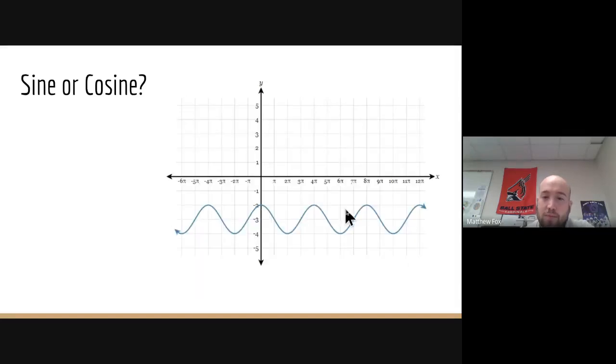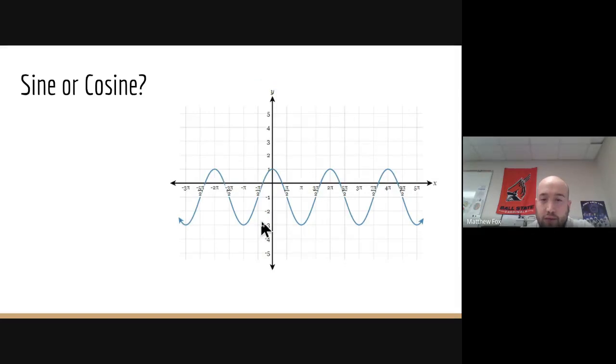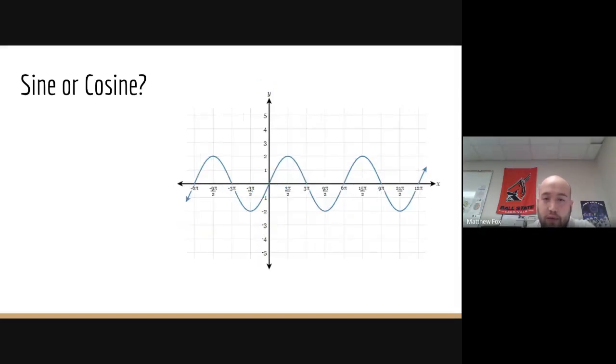On the next one, you can clearly tell it's not at the midline, so that one's cosine. Once again, here's our midline at -1, so that's cosine. On this one, the midline is the x-axis, which is where it is, so that would be sine. And that is our last one.